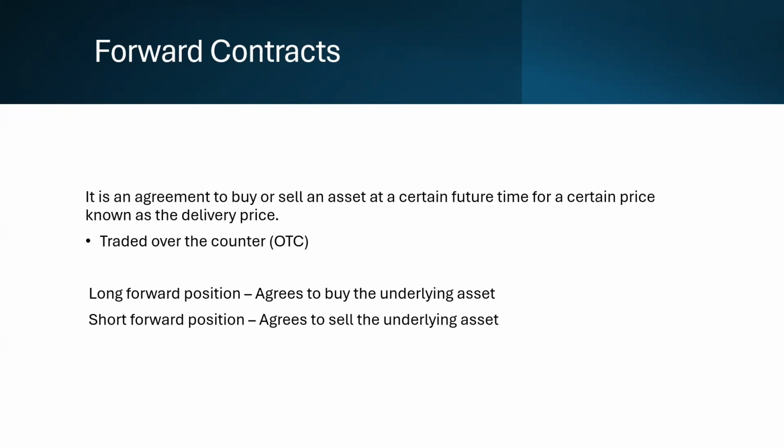So in a forward contract, what you basically do is you agree to buy a particular asset or sell a particular asset in a future period, right? At a price that you agree now. The main reason why you are doing this is to hedge the risk, or to minimize the risk, because at the time you are going to buy or sell that asset, the price might have either gone up or gone down. So in order to get rid of that price risk, you just fix the price now.